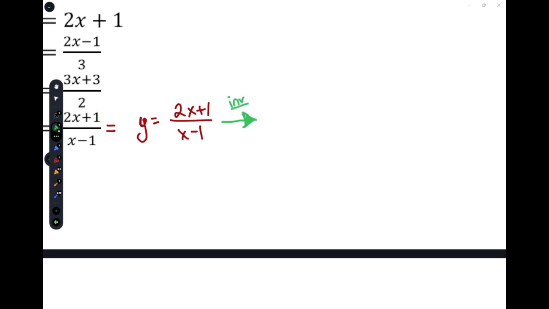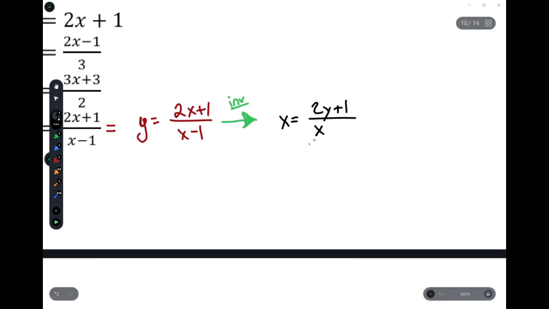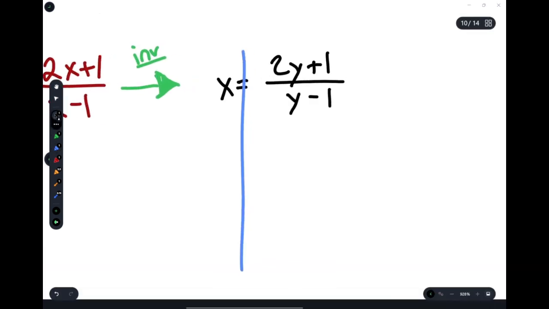I don't know what to call it, but I'm doing an arrow, so I know that I'm not equaling this whole string. So I'm going to call it x equals 2y plus 1 over y minus 1. And now you can draw your down line and try to figure it out.